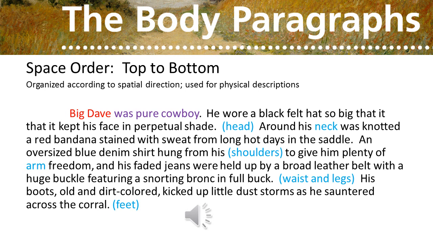And, of course, his boots are on his feet, and so we have ended at the bottom of Big Dave. So I think that's pretty evident. If you are going to describe something, and you may need to either in this class at some future date or in terms of another class, this is the way you would go about describing something physically, how it appears to the eye.